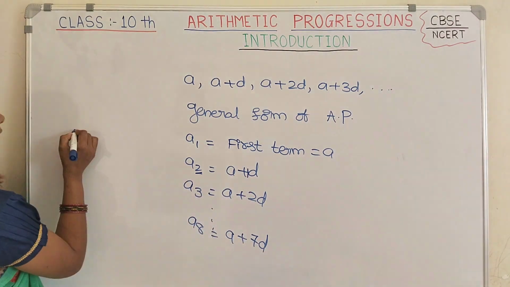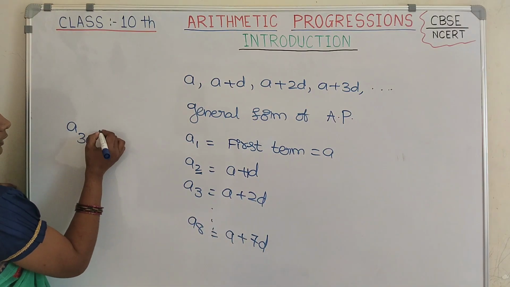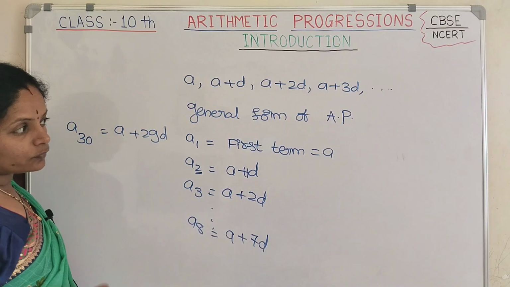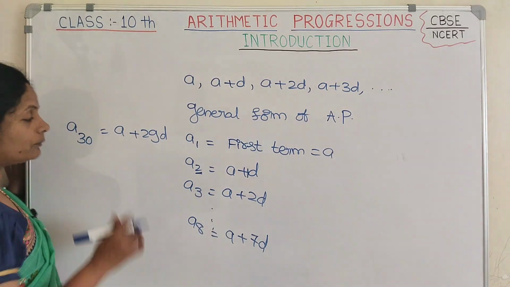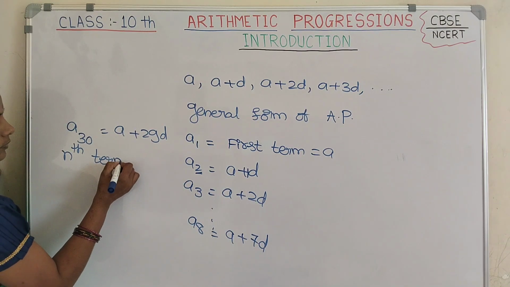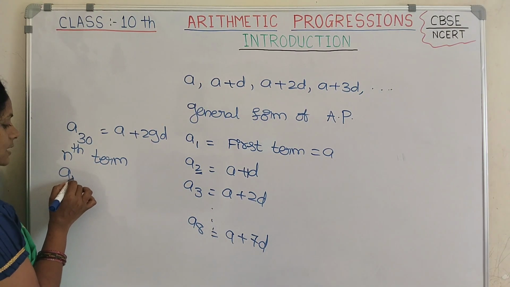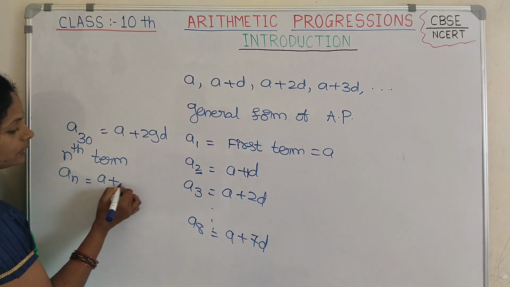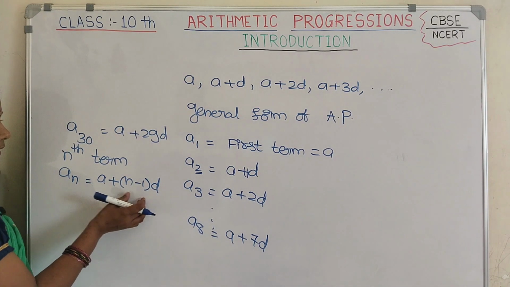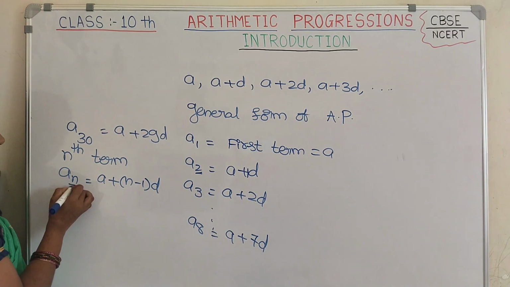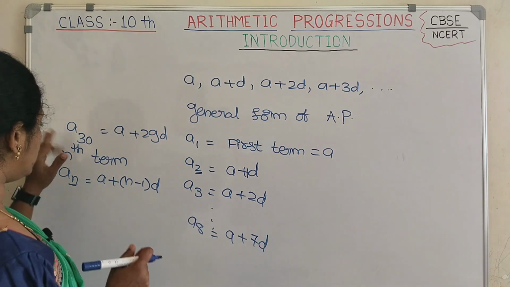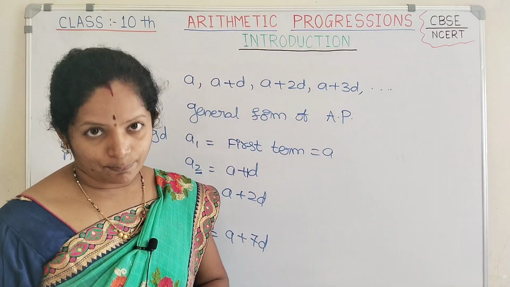In this way, if we write A30, then it is A plus 29 into D. If we want to define the nth term, then the nth term of an AP is defined as An is equal to A plus (n minus 1) into D. This will be 1 less than this term. So that's why A plus (n minus 1) into D.